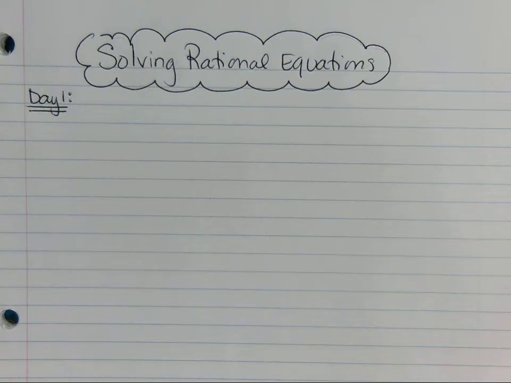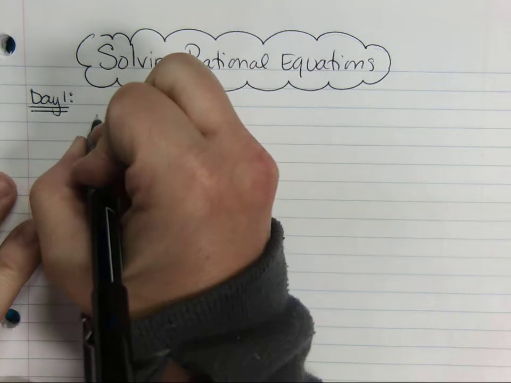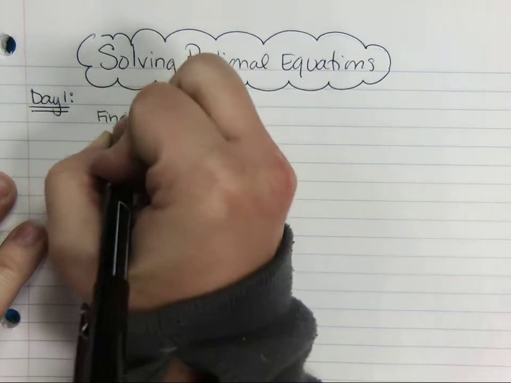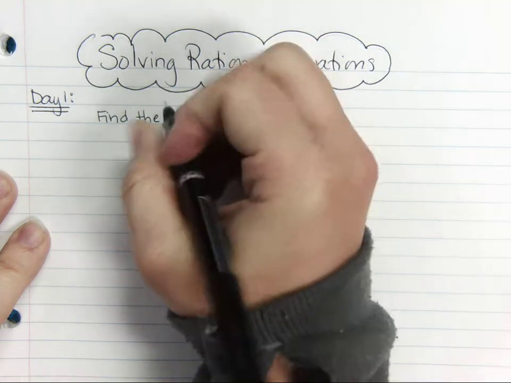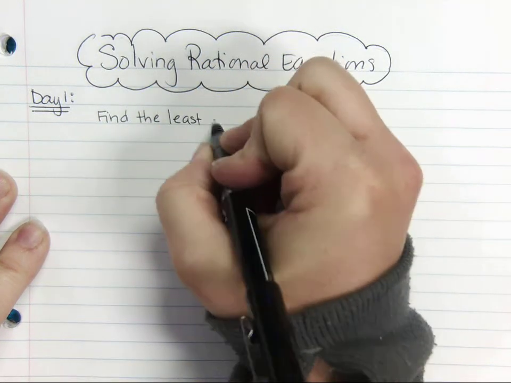Right. So for the first thing, before we even actually start solving any equations, you have to think about common denominators. So I want to first just be able to find the least common multiple of the denominators.